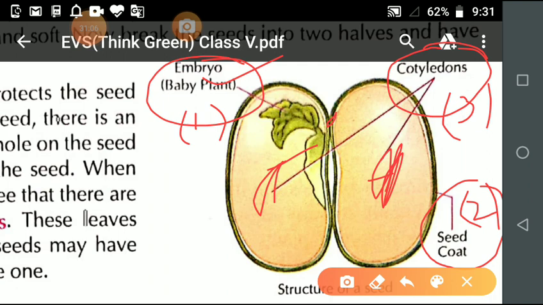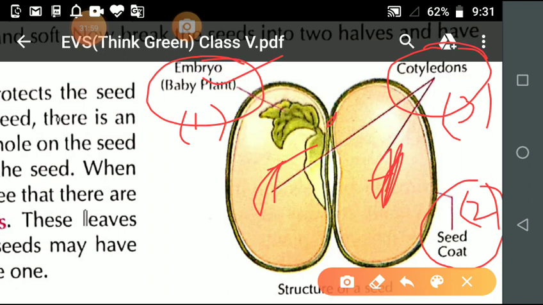So student, when we study the structure of seed, it is divided into three parts: embryo, seed coat, and cotyledons. What is embryo? I explained you. From the embryo the new baby plant comes out.